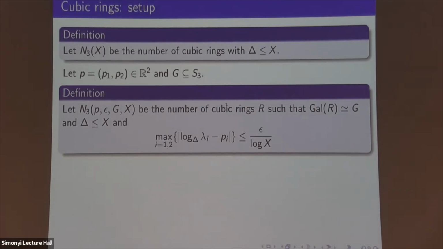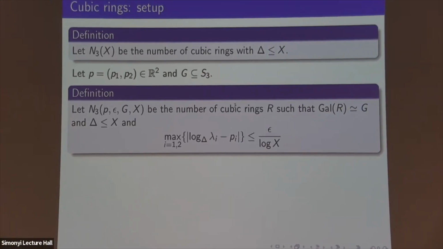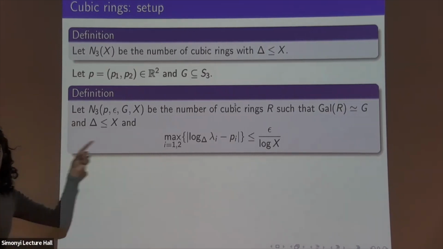So we define a number N3 P epsilon G of X, where epsilon is a positive real number, X is also a positive real number, G is our permutation group in S3, and P is a point of R2. We define this number to be the number of cubic rings R such that the Galois group is G, the discriminant is bounded by X, and the ring is close to P in the following sense.